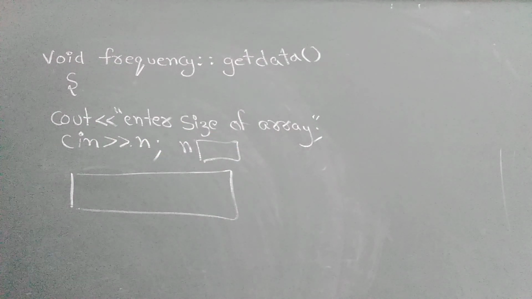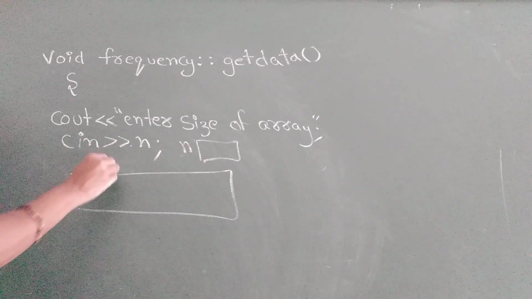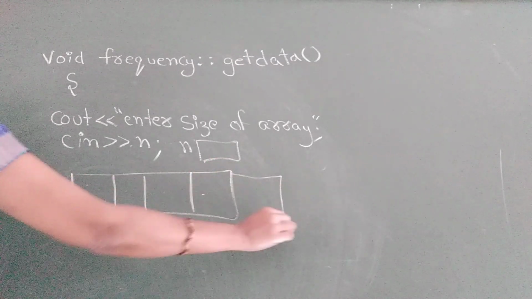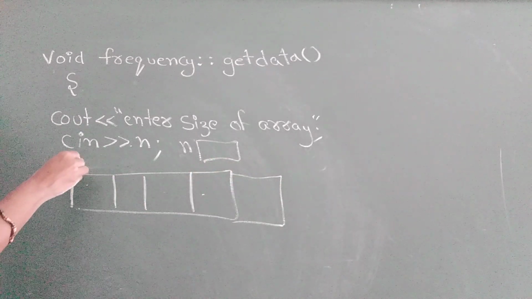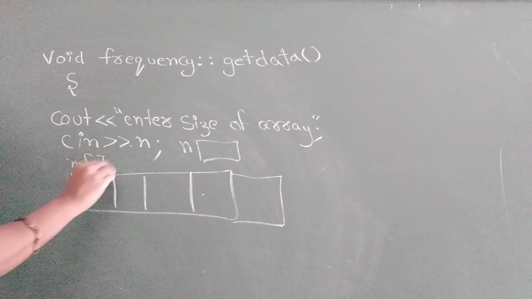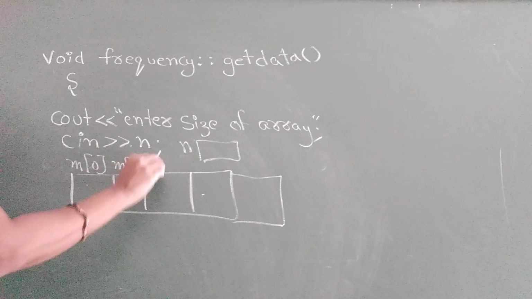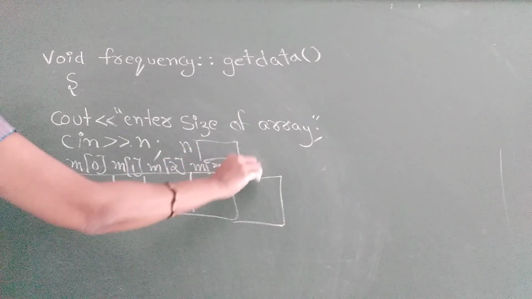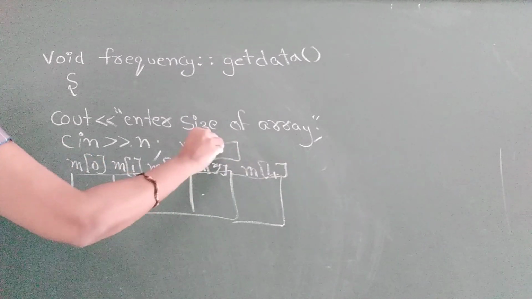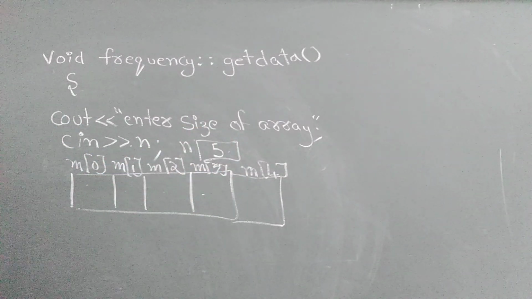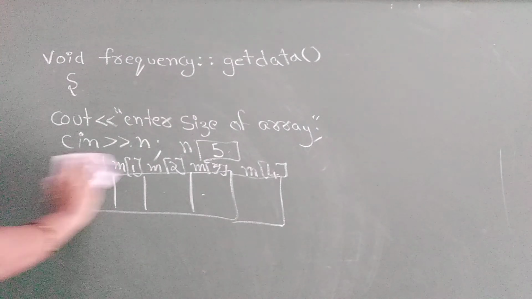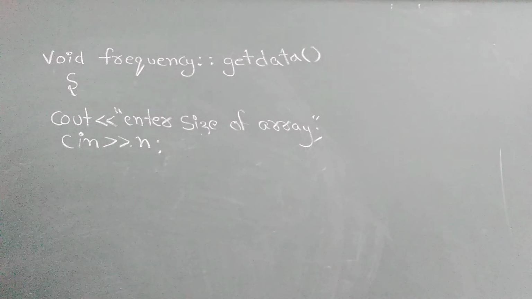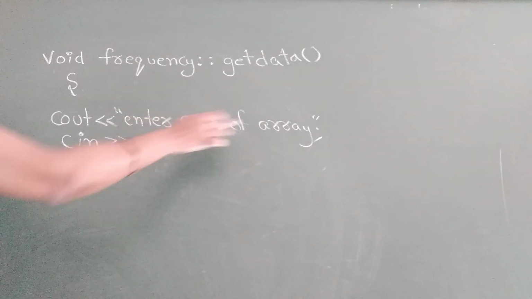For example, if we give 5, the indices are 0, 1, 2, 3, 4, that is M of 0, M of 1, M of 2, M of 3, M of 4. So totally 5 elements can be stored. So enter the size of array.